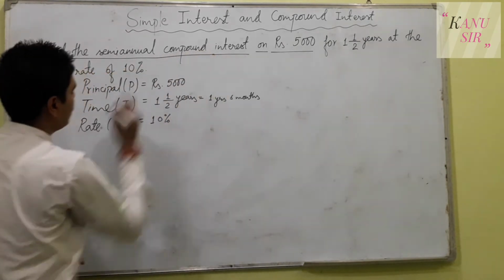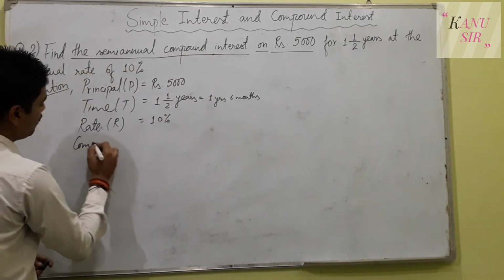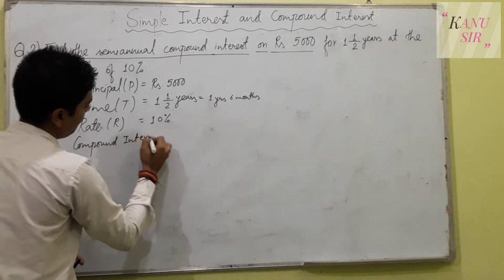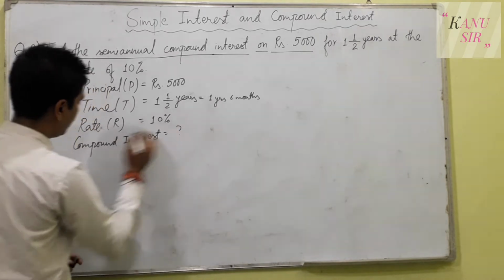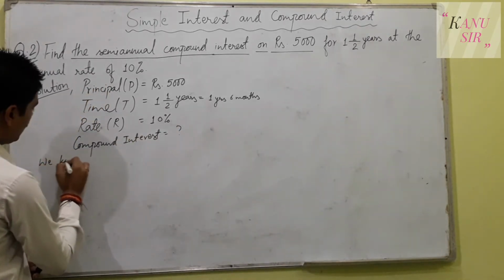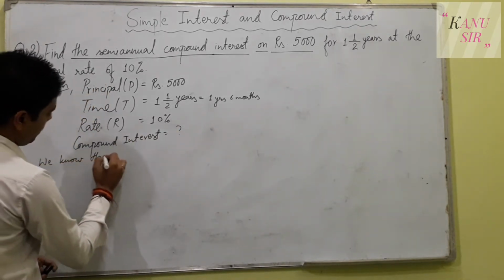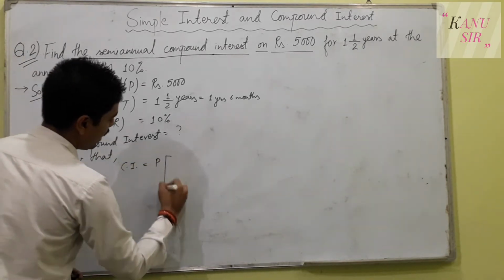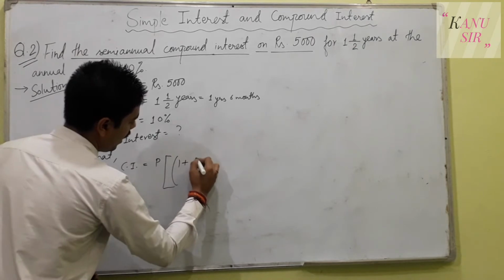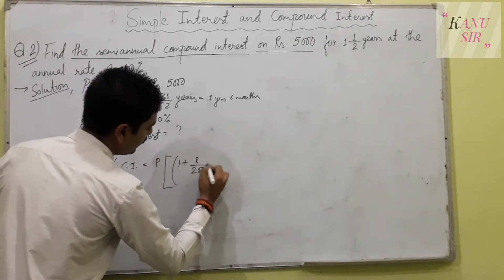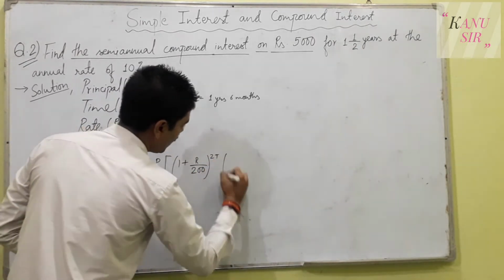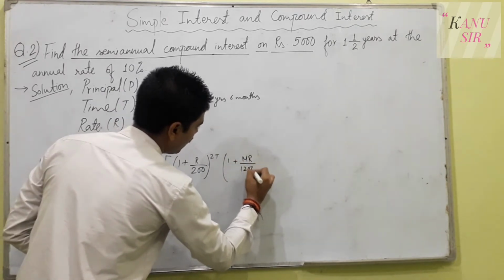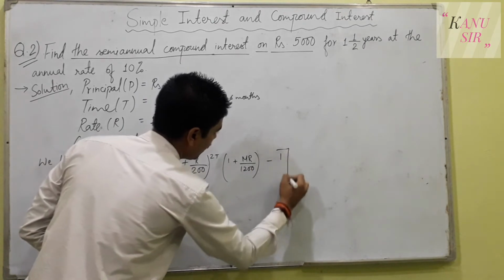Now, what is asked of us? Semi-annual compound interest. So we will write here compound interest is equal to what? And we know that compound interest is equal to P times (1 plus R upon 200) to the power 2T, and (1 plus mR upon 1200), minus 1.